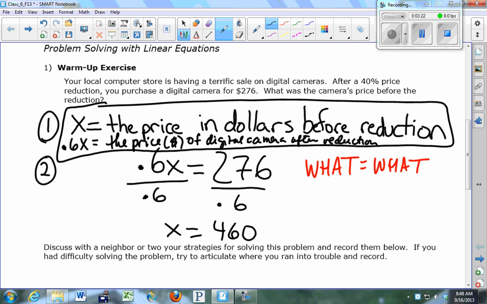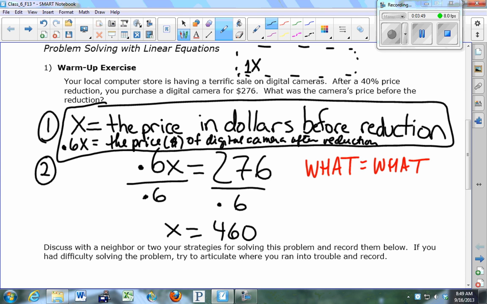How did I get 0.6x? What did you all do in your brain to get that 0.6x? You took the original price. Now notice the original price X has a 1 in front of it. It says I'm taking 100% of that cost. That's what the 1 means, 100% of the cost of the camera. And what did you do to get that 0.6x?